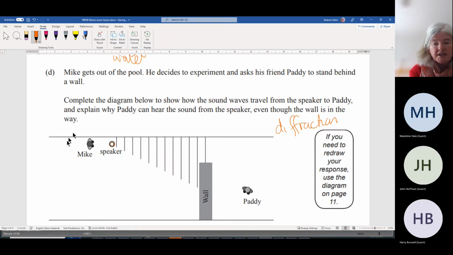Now remember what I said about the frequency not changing? And here, because it's in the same medium, the wavelength doesn't change either. So when you are drawing this sort of diagram, measure how far apart that is, and then do little things like this to keep to that same wavelength, okay?